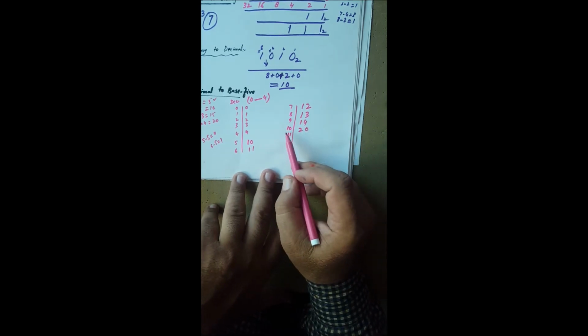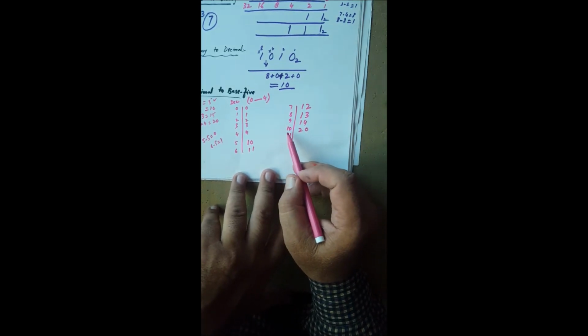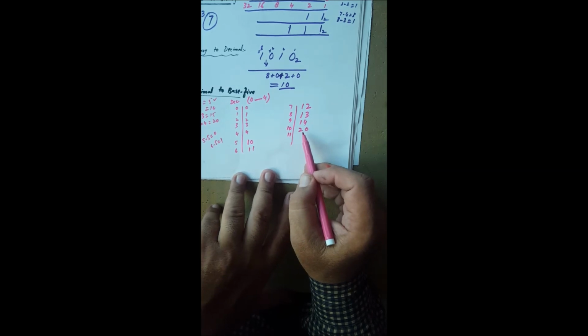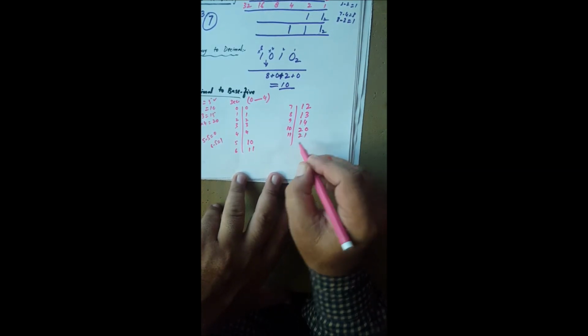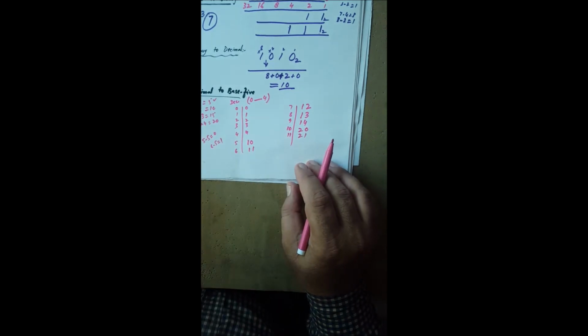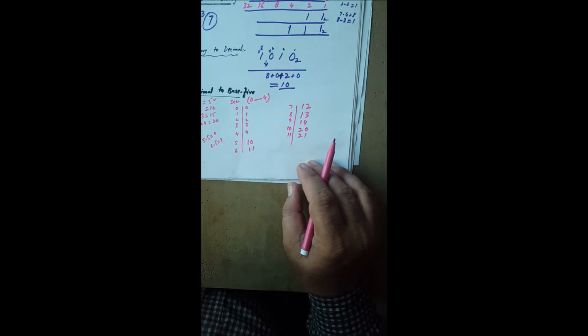So the decimal number 10 is equal to 20 in base 5. Then 11 means 21, and we can convert any decimal number to another base by this method.